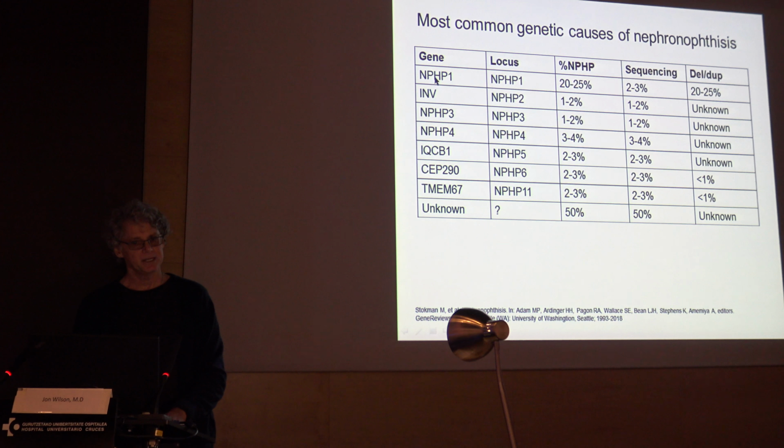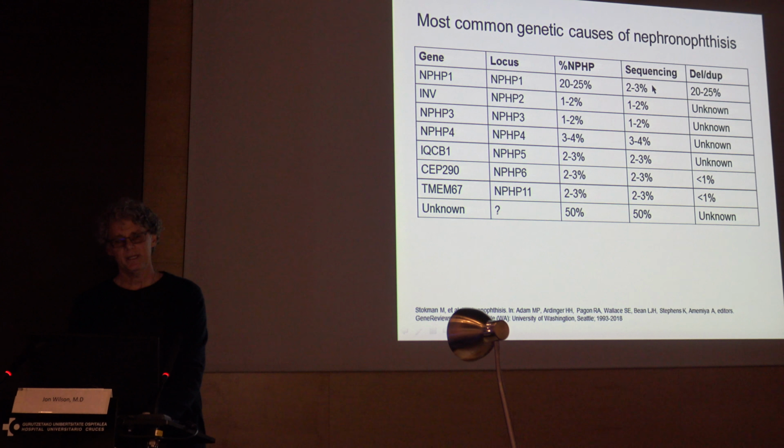So the most common is NPHP1, and so 20 to 25% of nephronophthisis. And when you look at what causes the trouble in NPHP1, most of it is due to deletion or duplication. In this case, deletion. And only 2 to 3% for single base pair changes or smaller changes.